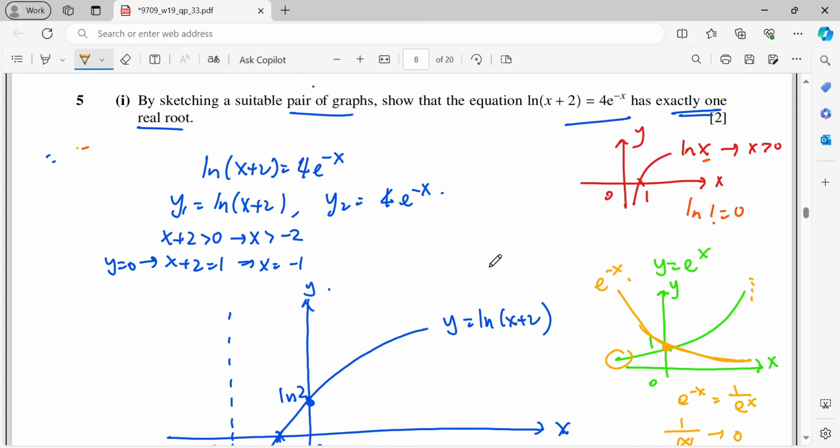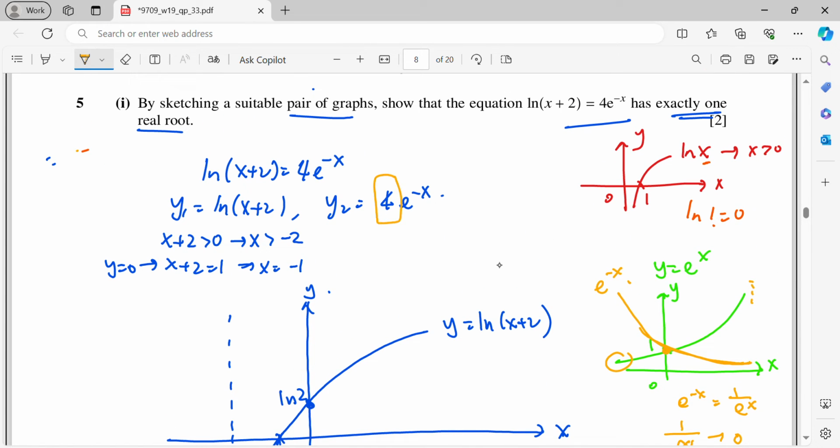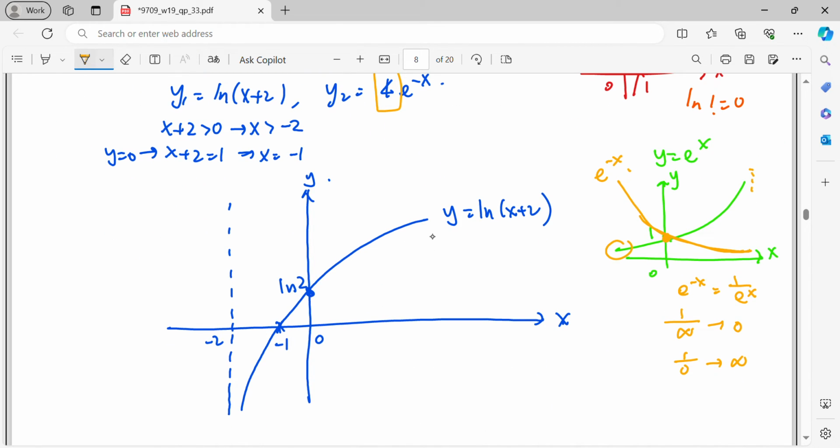Okay, and then look at here, this is 4. That means instead of 1, now it becomes 4. So I check what is my ln 2 first. My ln 2 is basically 0.69. So probably 4 is over here.